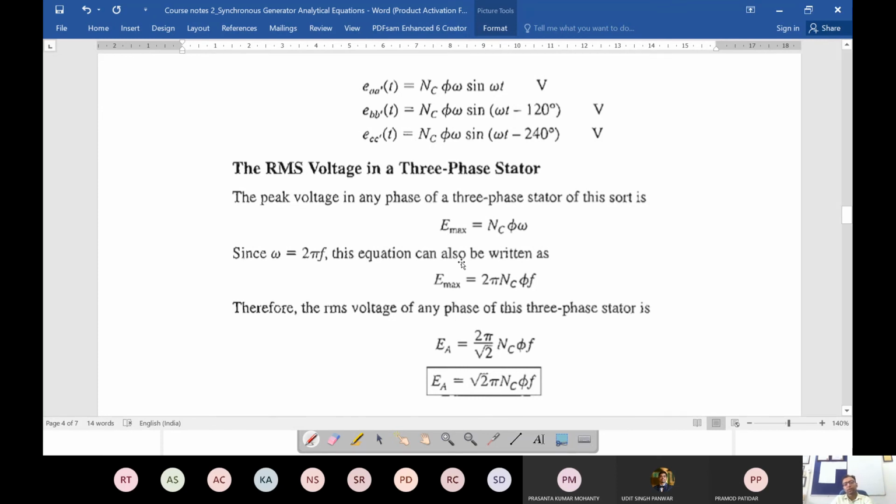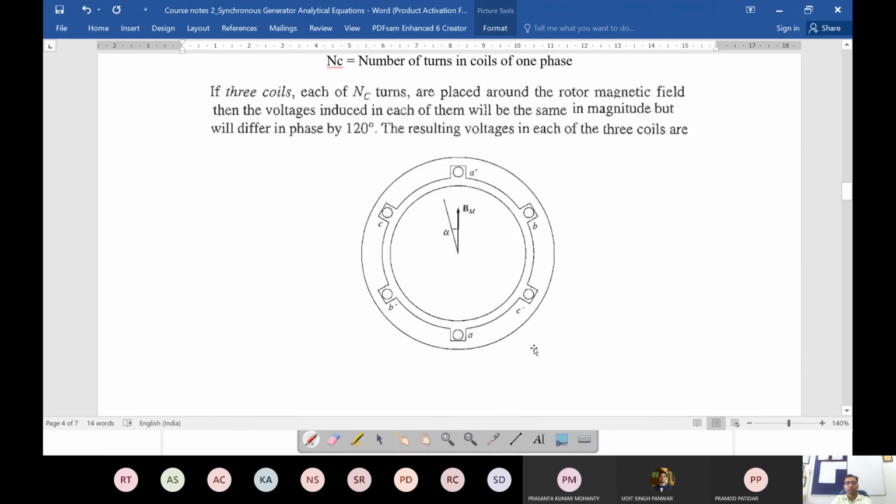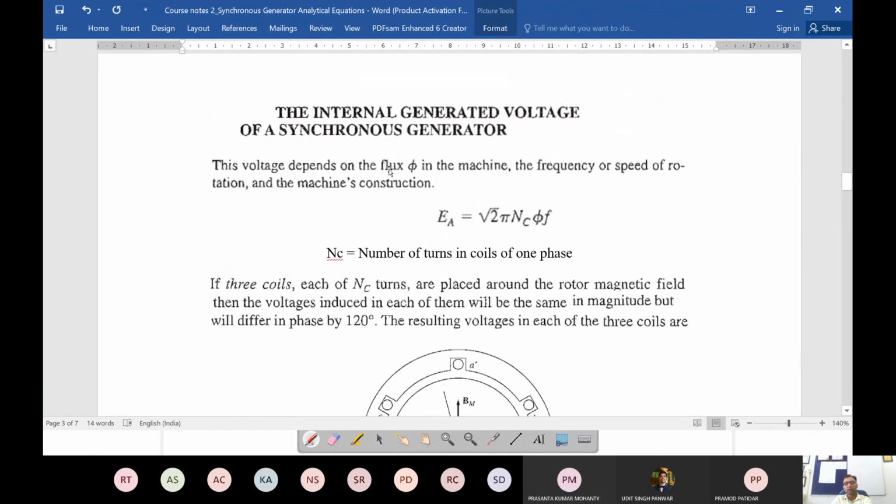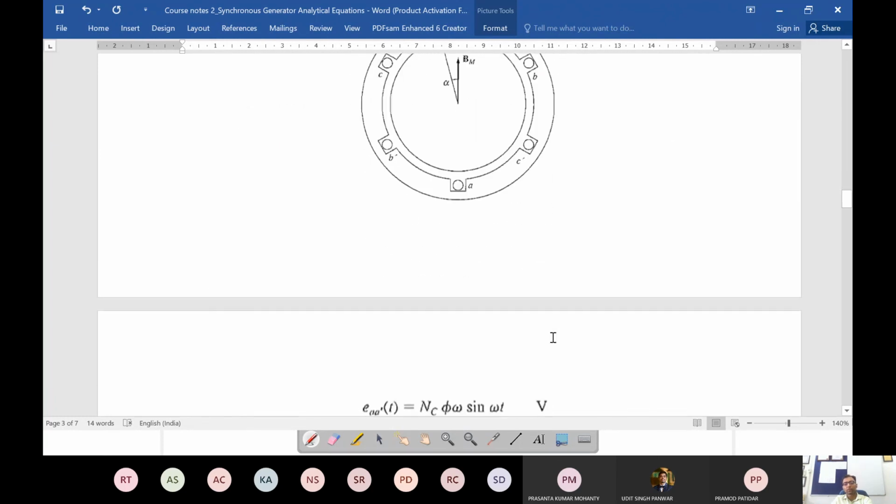So this N C phi omega in this equation is nothing but the maximum EMF. And to get the RMS value, the root mean square of any sinusoidal varying quantity, it will be basically Vmax by root 2. Therefore, the RMS voltage in each phase is given by, if you divide this by root 2, you get root 2 pi N C phi f, which is the same as the equation we started with. So that is how the EMF is obtained.